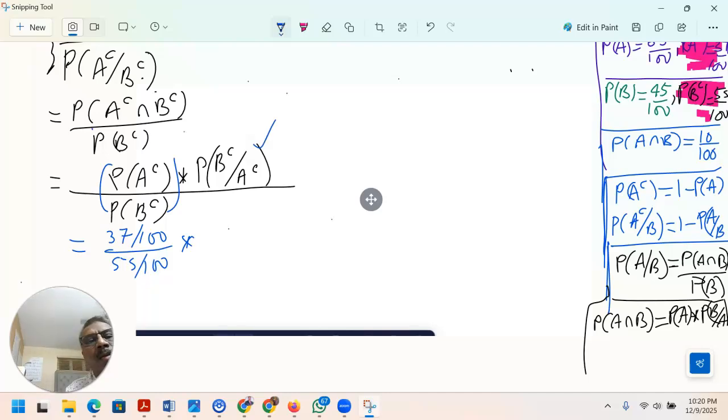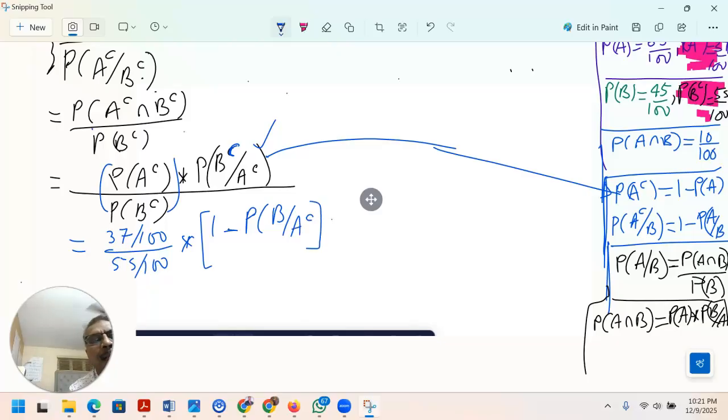For this one, I'm going to use the rule that A complement is 1 minus, so this whole thing can be written as 1 minus probability of B and A complement. By keep, change, flip, this 100 will cross out, and what is left here is 37 divided by 55, times.